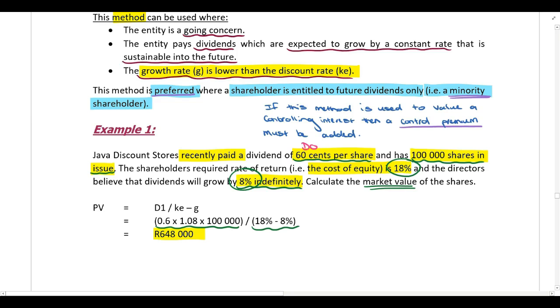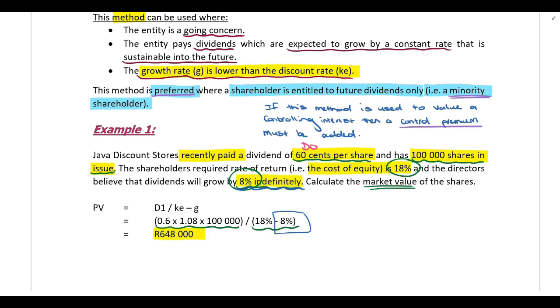Now, two important things before we move on to the next example. You can only use this formula where you have constant growth in perpetuity. So this company's dividends are going to grow by 8% indefinitely, so we can then use this formula. If you don't have constant growth in perpetuity, you can't use this formula.